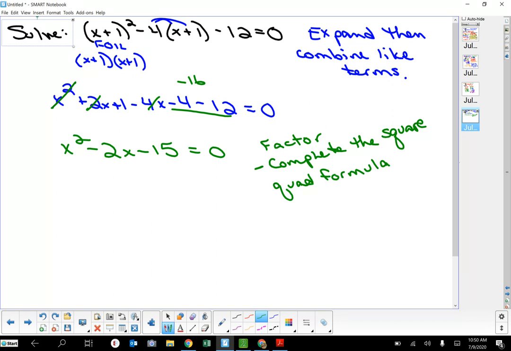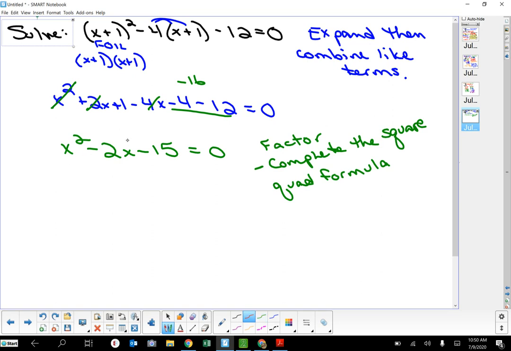And then I want you to pause this video. Regardless of the method I use, I'm going to complete the square. But regardless of what I use, you should have the same answers at the end. So you decide, can you factor it? If you can, how, and do it. Complete the square or do quadratic formula. Okay, so pause. When you're done, come back, check your answers.